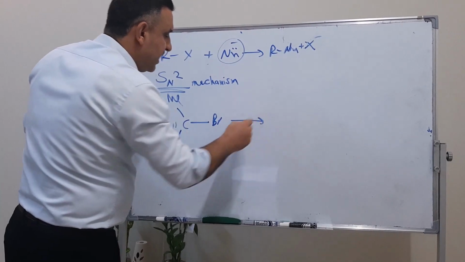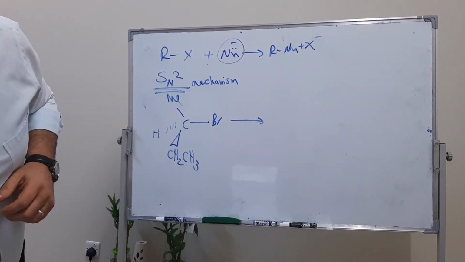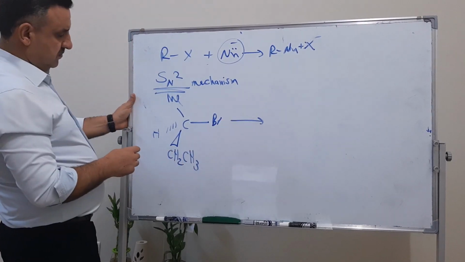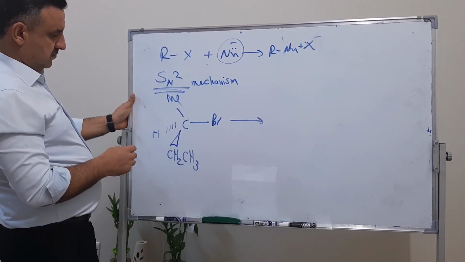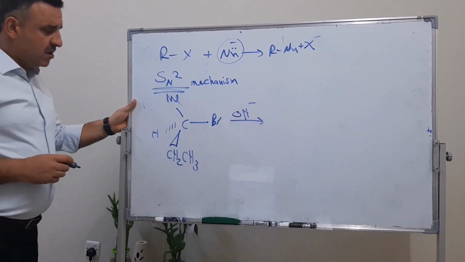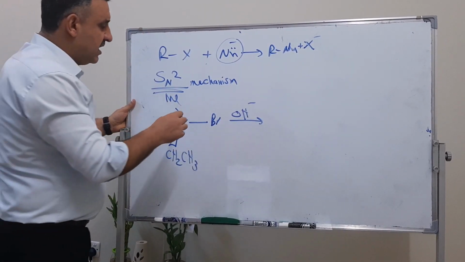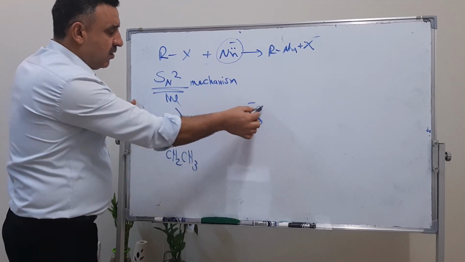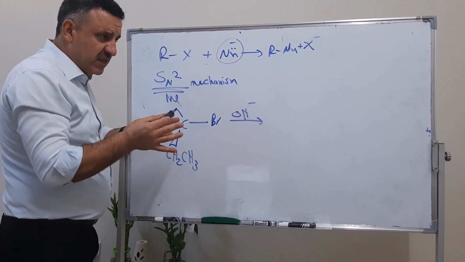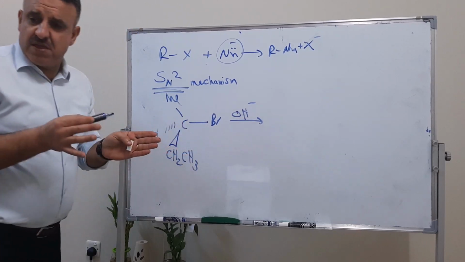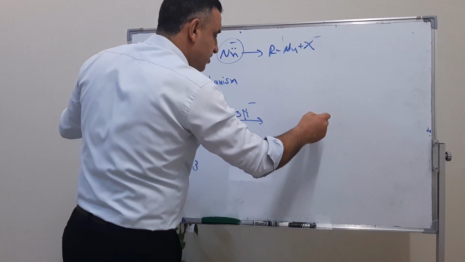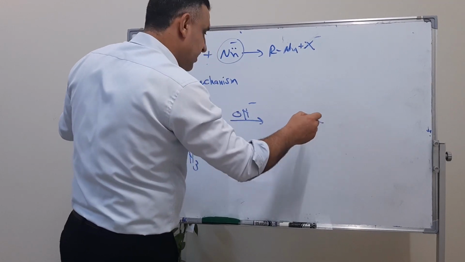Now, as the example, when this reacts with OH minus, what's going to happen is that the OH will attack from this side, because we said always from the opposite side of the compound, and therefore we are going to get the opposite configuration.